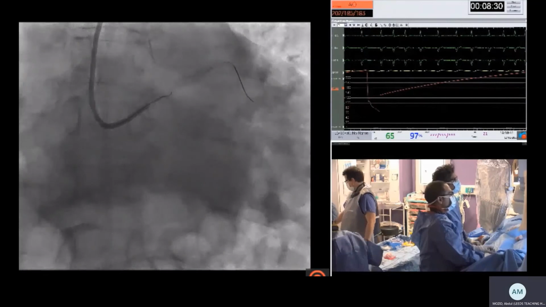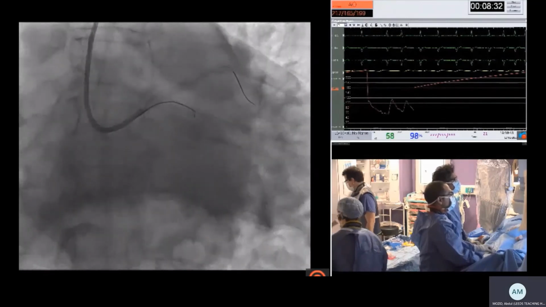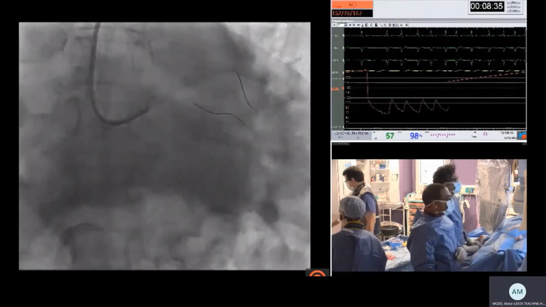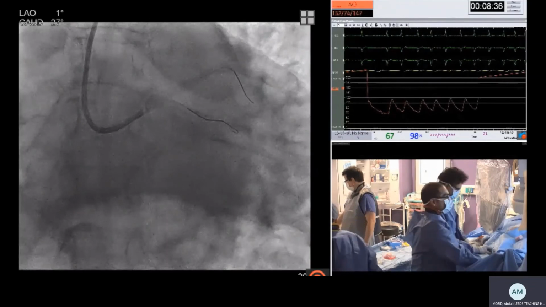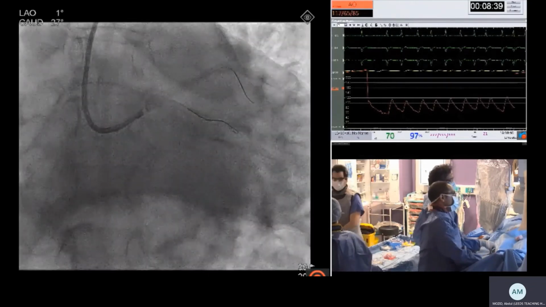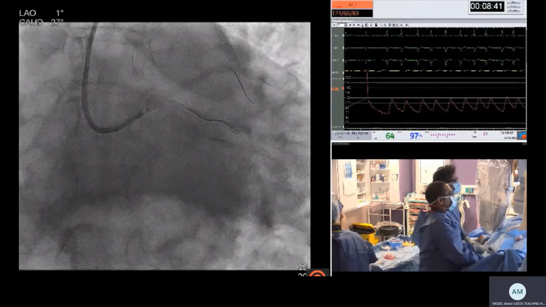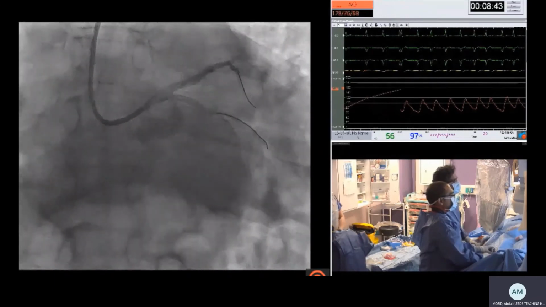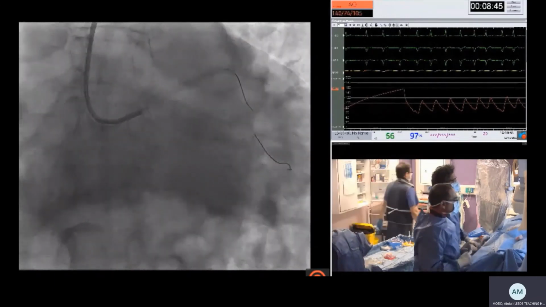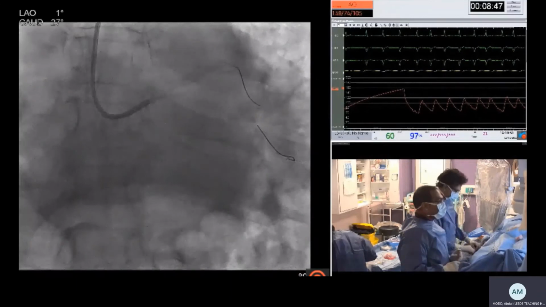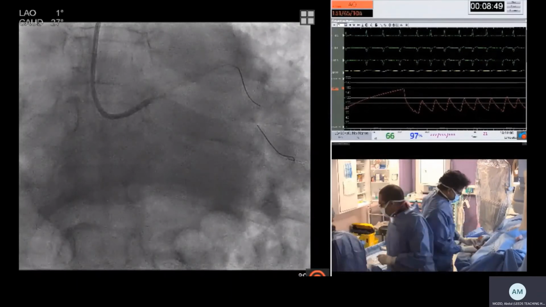If there are concerns, then a dual lumen catheter can be used on the LAD wire, which will ensure that wiring is performed inside the lumen of the stent and not through any of the stent struts in the left main.